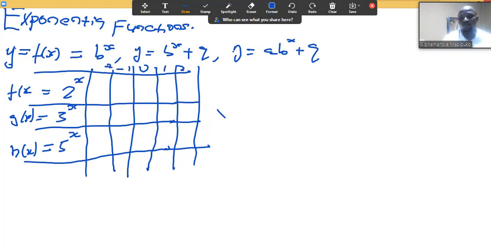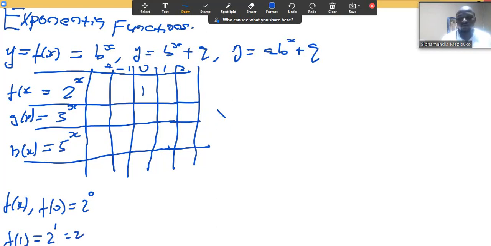When x is 0, f(0) is 2 to the power 0, which gives us 1. f(1) is 2 to the power 1, that is 2.